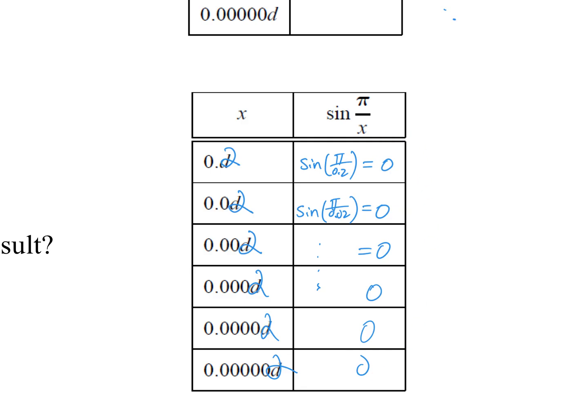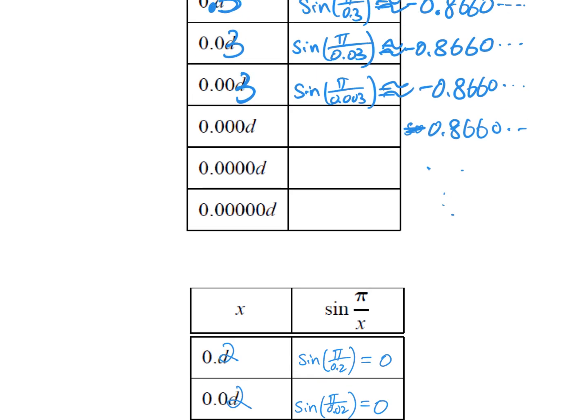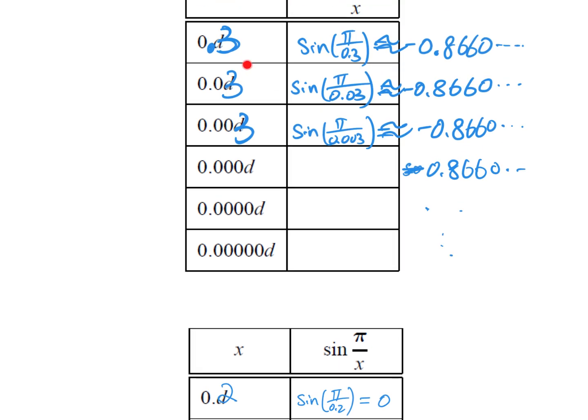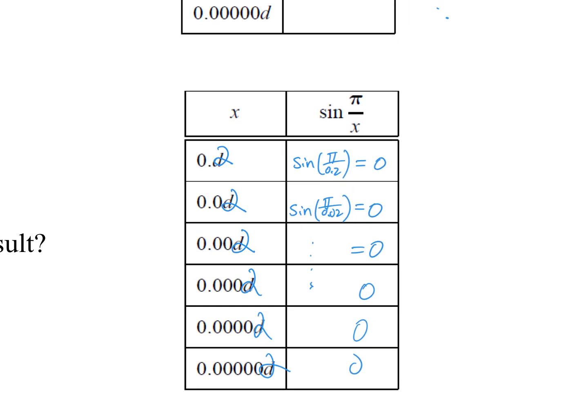Because earlier we already saw that when x is approaching 0 using these values, the y value is approaching some negative 0.866, and now when you approach 0 using these values, it is 0. So there's no specific fixed y value that sine of pi over x is approaching. Therefore, we can claim the limit doesn't exist, right?